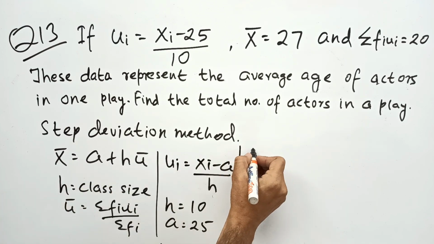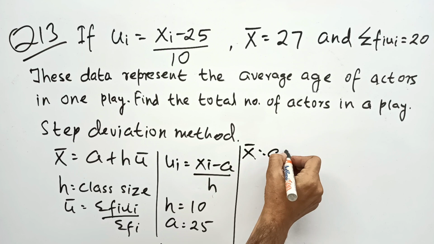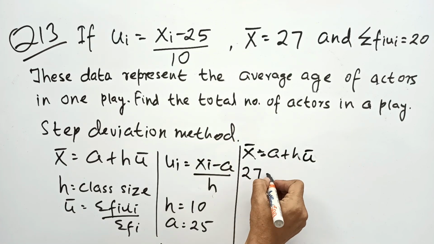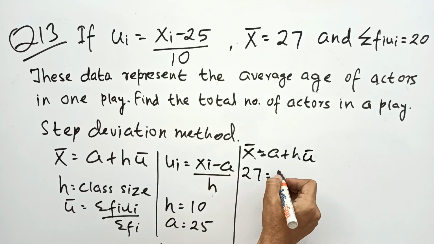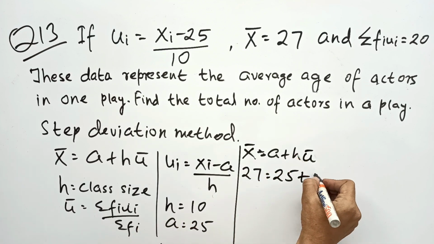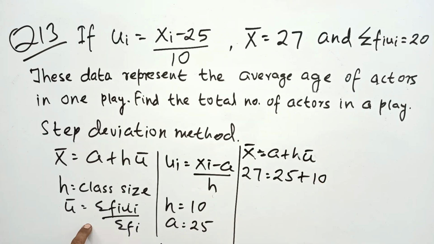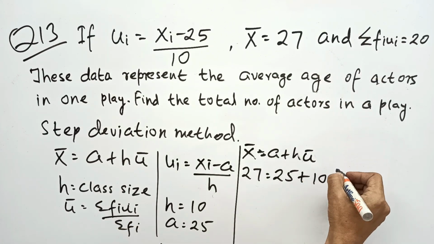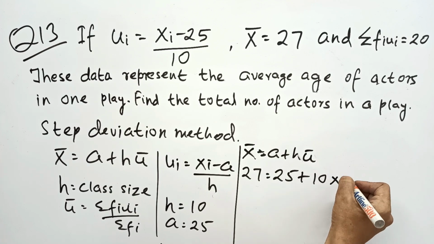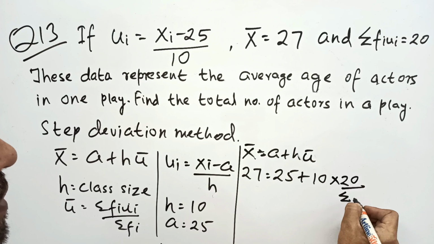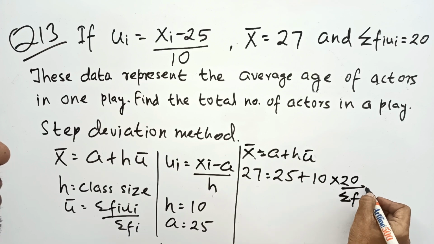X bar is equal to a plus h u bar. So x bar is 27, a is 25, plus h is 10, u bar is sigma fi ui upon sigma fi. So sigma fi ui is 20 upon sigma fi, which we need to find.